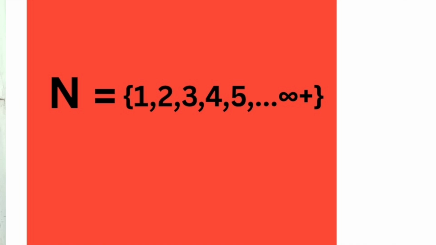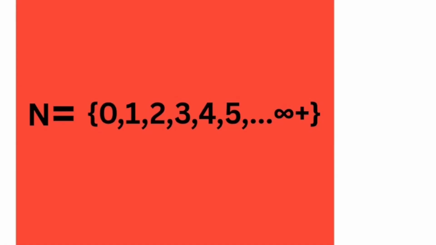In most school level and everyday usage, especially in many countries, natural numbers are equal to positive integers starting from 1. N is equal to 1, 2, 3, 4, 5, up to positive infinity. This is often called the set of counting numbers.